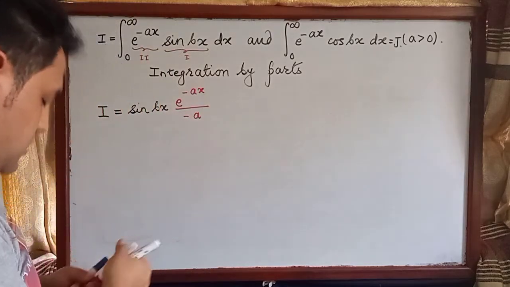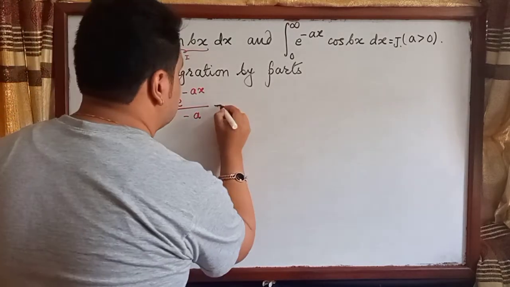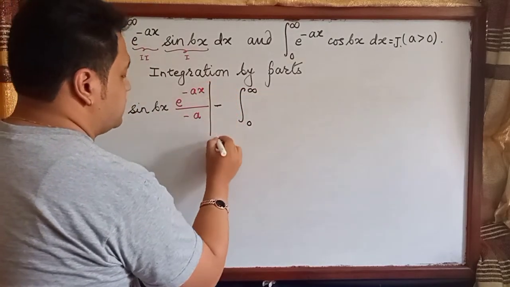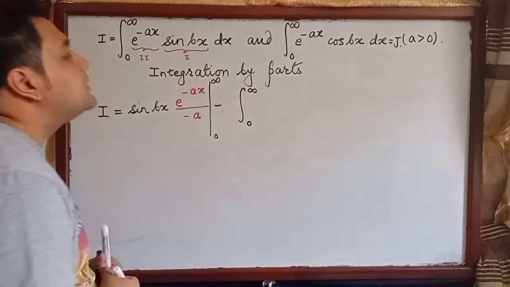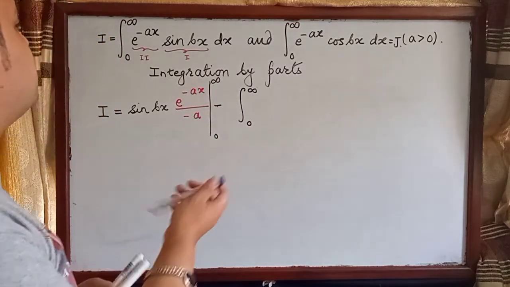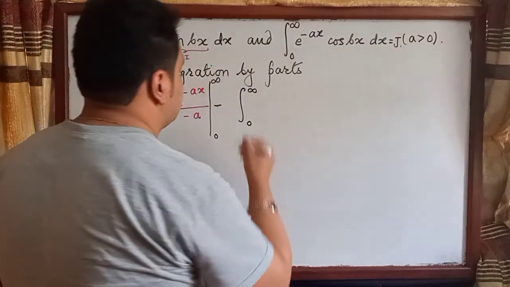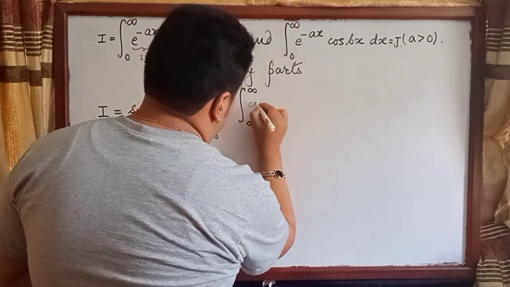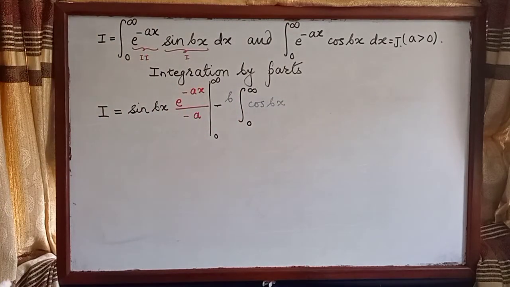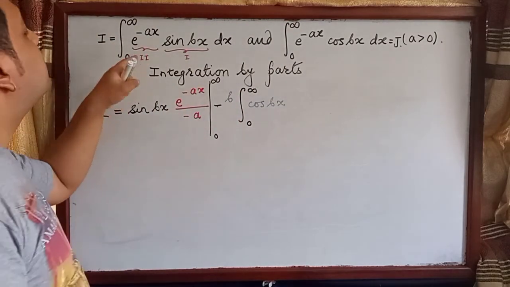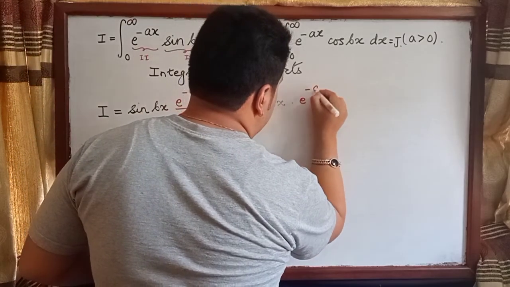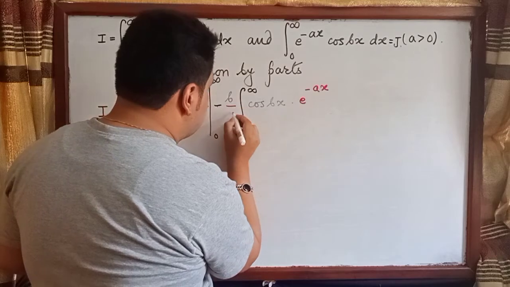Minus the integral from 0 to infinity, the limits are 0 to infinity over here, of the derivative of the first function, meaning the derivative of sine bx, which is b cos bx, and the integral of the second function, e to the power minus ax over minus a.